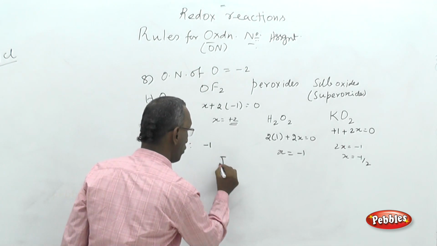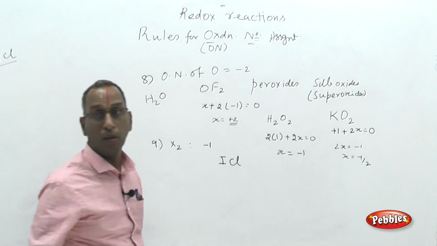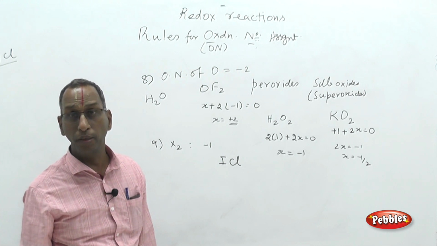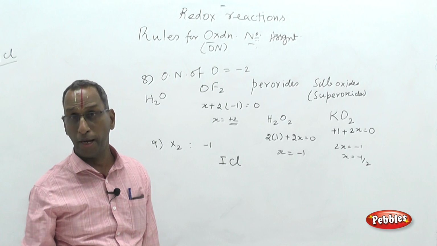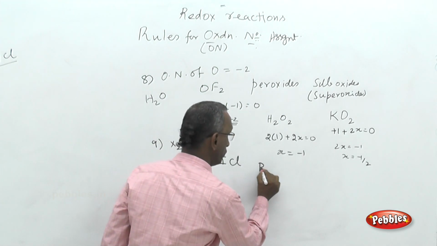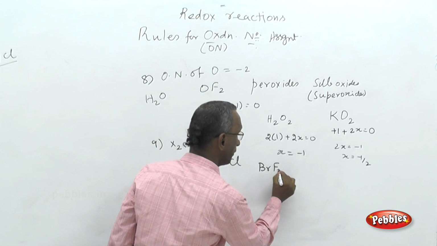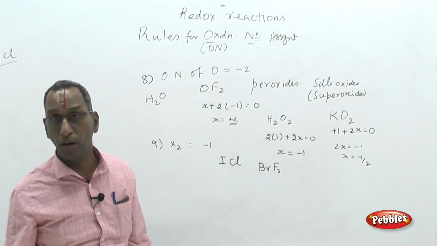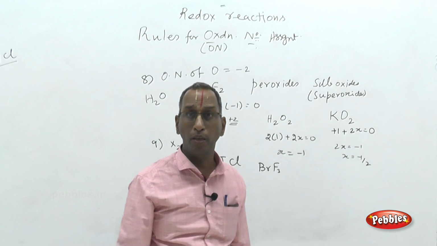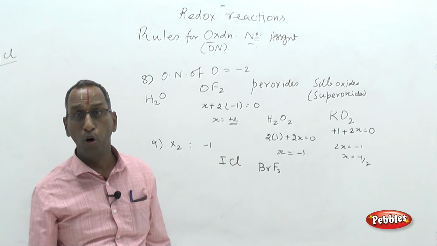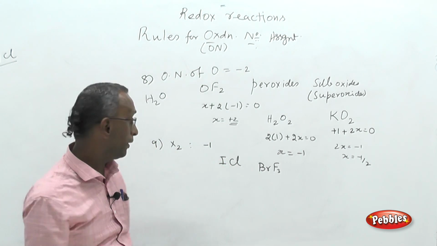If you take the compound ICl, it is called iodine monochloride. Another compound, BrF3, is also an interhalogen compound. Bromine is a halogen, fluorine is also a halogen. It is called bromine trifluoride.